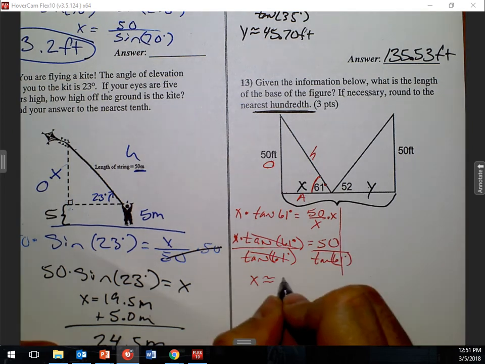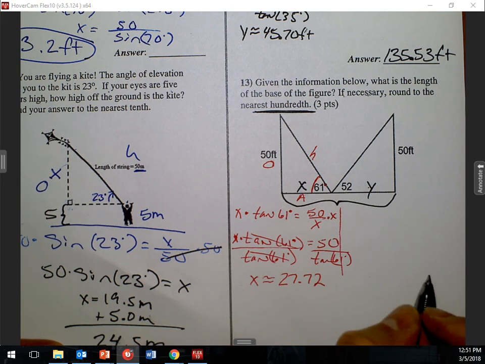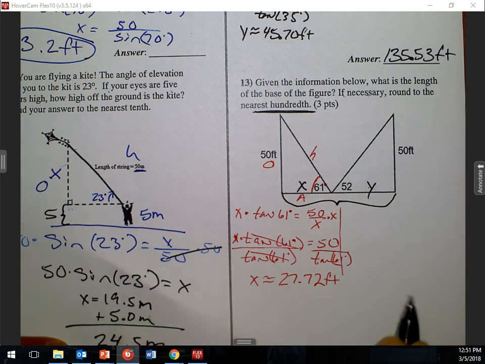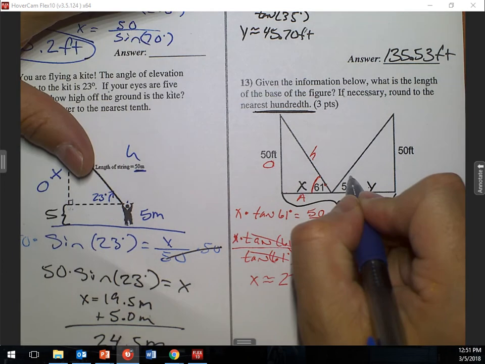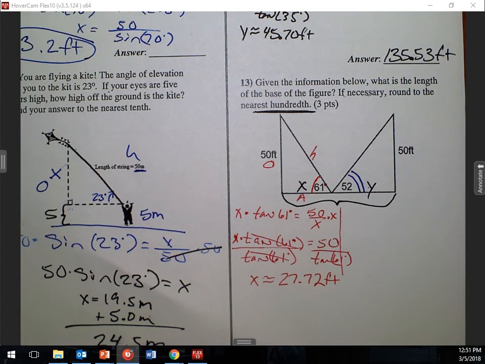Very good. 27.72. And the units are? There we go. And now, you guys ready for the next one? Now for this one right here, I'm going from this angle. Hey look, I'm color coordinating and everything too. Woo!